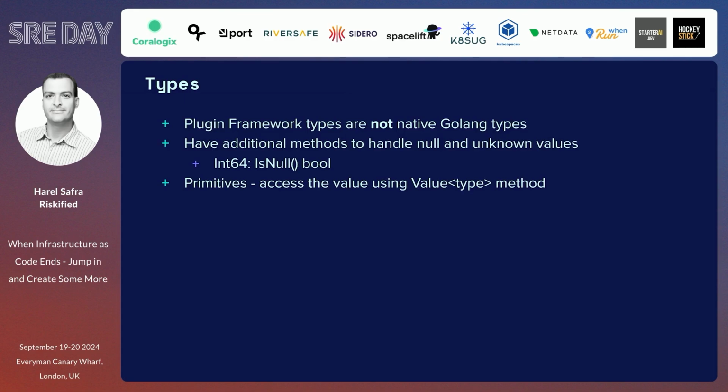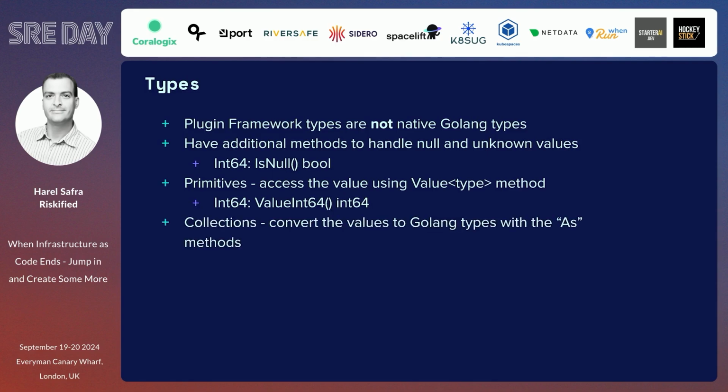You can access the primitive values with the value primitive name, like value for an int64. You can also cast collections into Golang type with as methods. For example, a list has an element as that will cast the list into a Golang slice. And you can use that to access the data inside that.